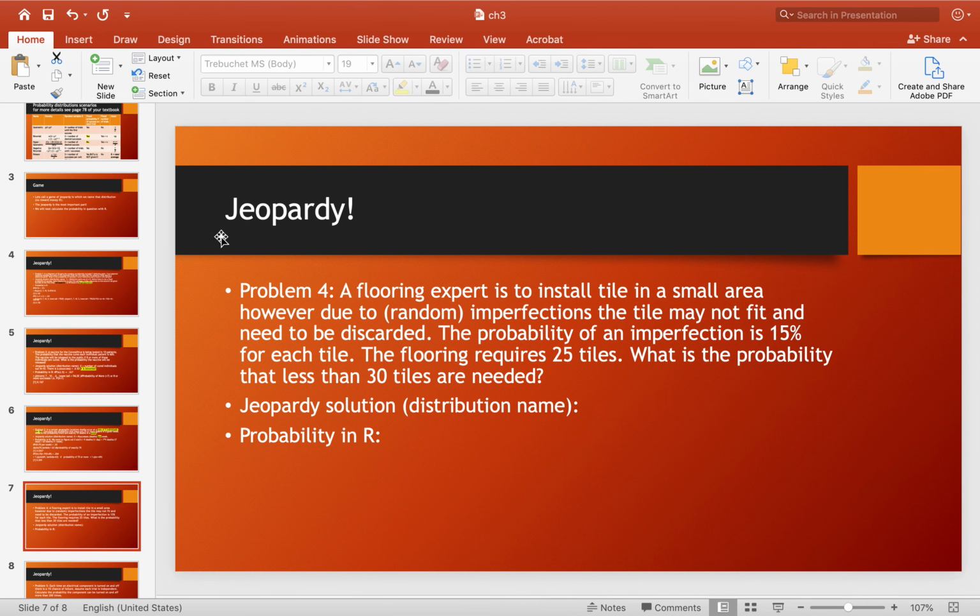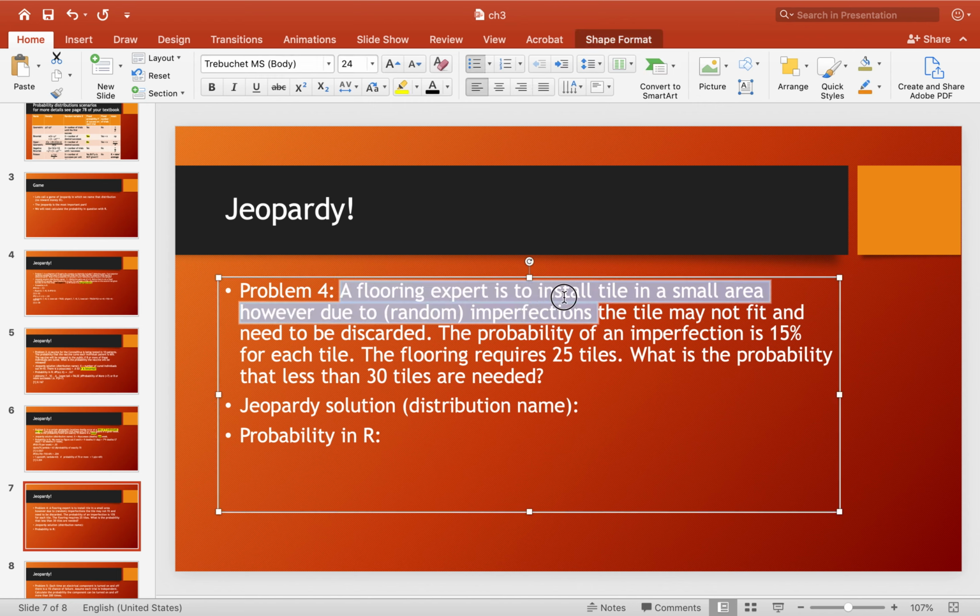Okay. Now, here is a situation in which you have tiles and you need to tile a small area. Now, some of the tiles are produced imperfectly, or if you've tiled before, you know sometimes you need to cut them.